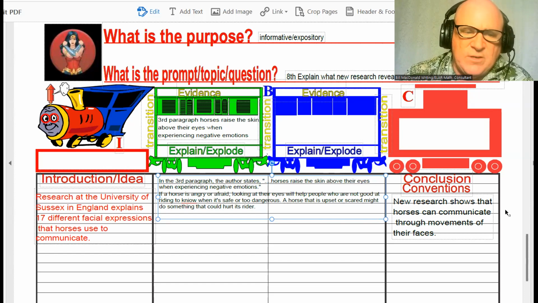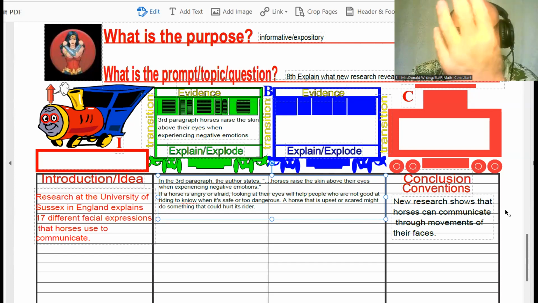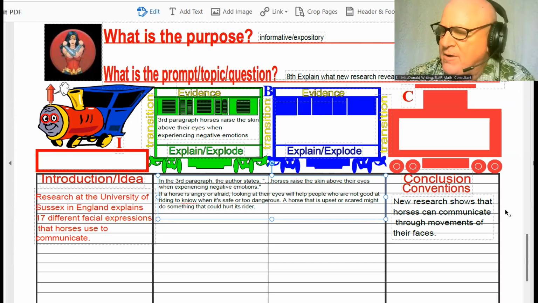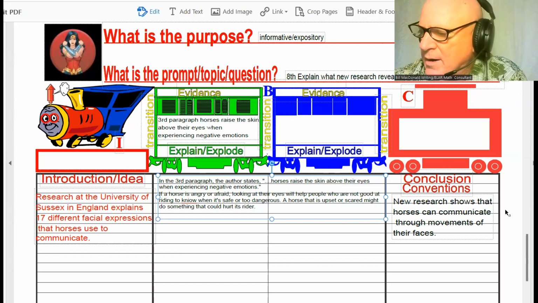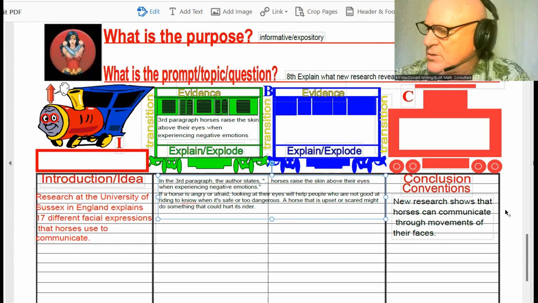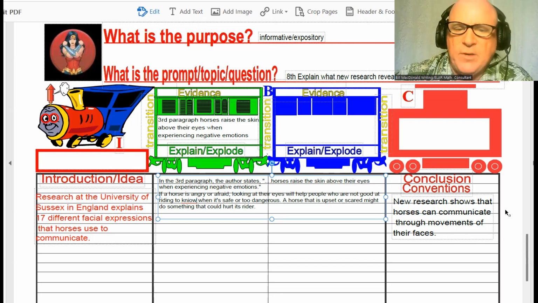So we already have the introduction, the controlling idea statement. Research at the University of Sussex in England explains 17 different facial expressions that horses use to communicate. So I'm going to have to focus mainly on facial expressions, and that's what we did with our one idea. Okay, in the third paragraph, that's a where. The author states, that's the who. Horses, I'm going to call a horse a what, because they're not people.